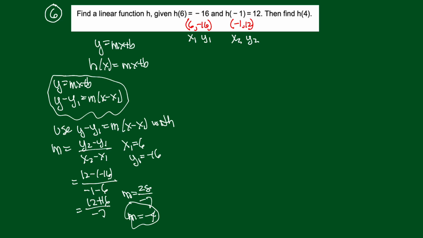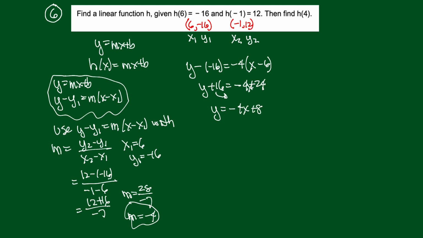So substitute those values. We will get y minus y1, which is -16, equals m, -4 times x minus x1, which is 6. So y plus 16 equals -4x plus 24. Now I'm going to subtract that 16. So I'll get y equals negative 4x, and then 24 minus 16 is 8.